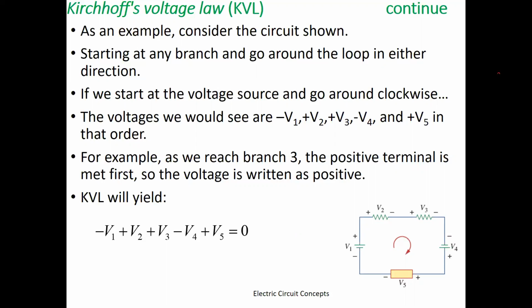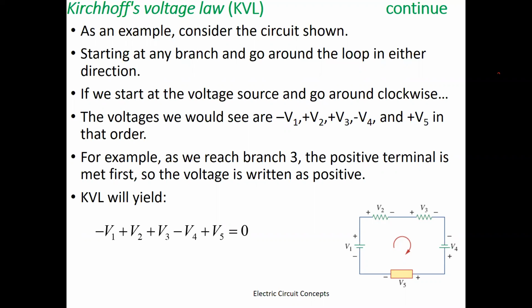For example, as we reach branch 3, the positive terminal is met first, so the voltage is written as positive. So KVL will yield minus V1 plus V2 plus V3 minus V4 plus V5.